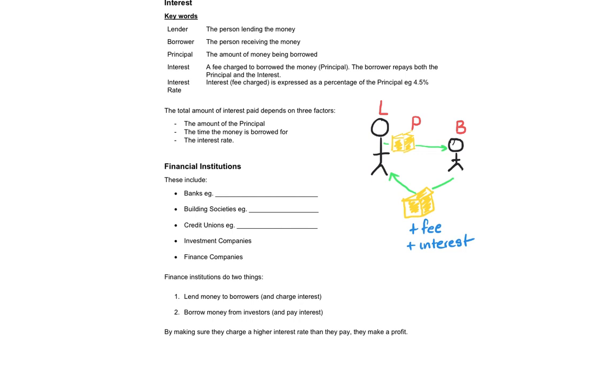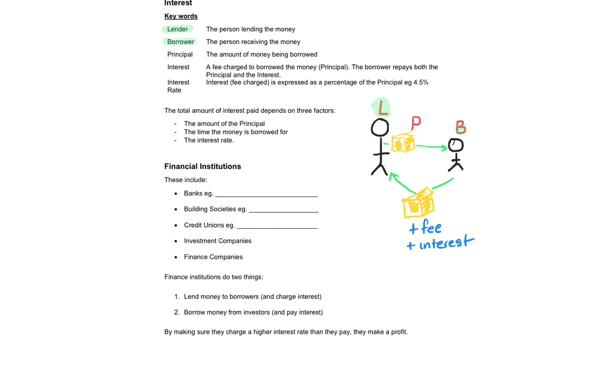I'm just going to go over a couple of key words that will help us in our work today. The first one is lender. The lender is the person lending the money, and in this little picture he's got an L over his head. The borrower is the person receiving the money.